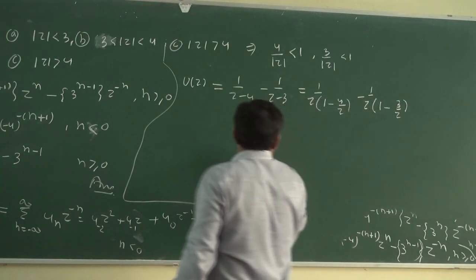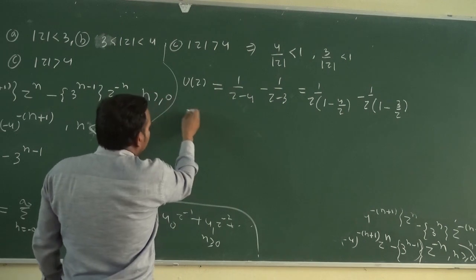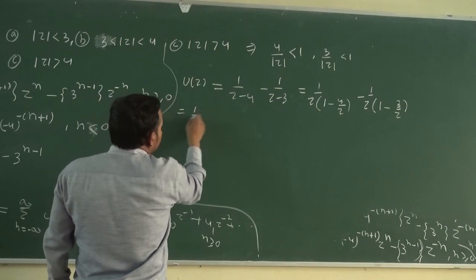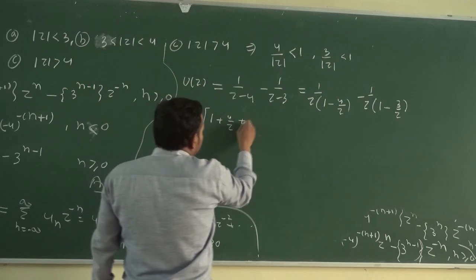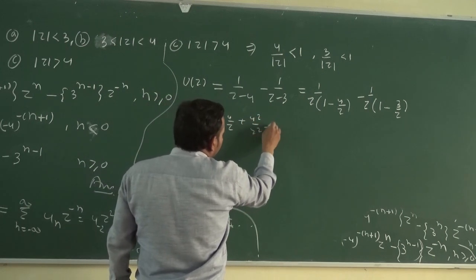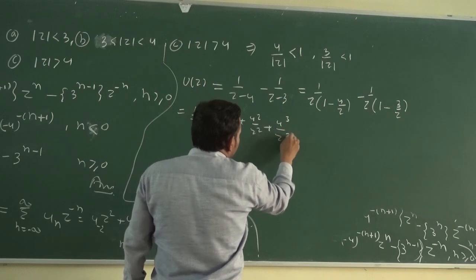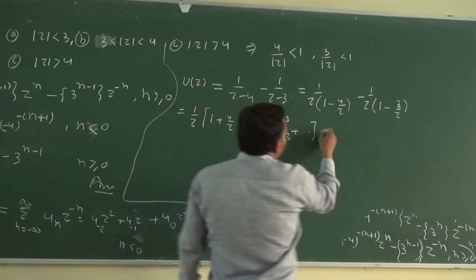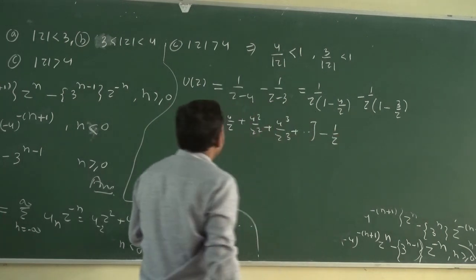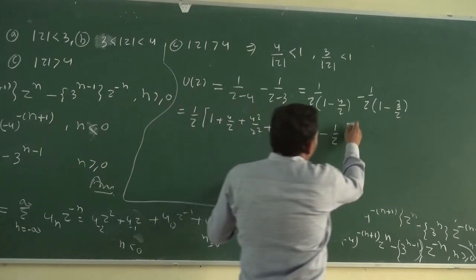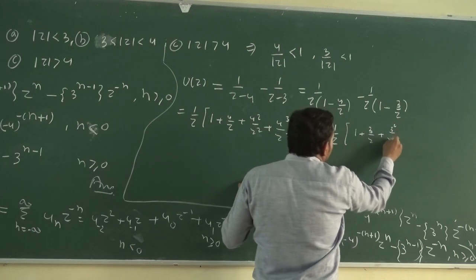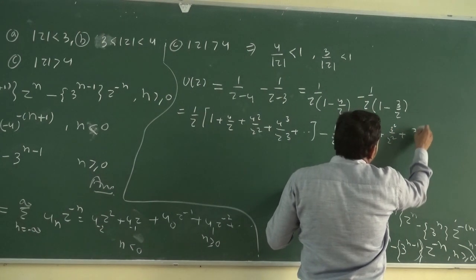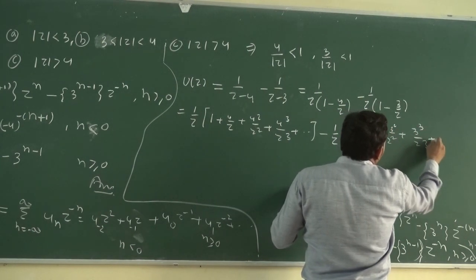So expand by series. You can say z times 1 plus 4 upon z plus 4 square upon z square plus 4 cube upon z cube, and so on, minus 1 upon z times 1 plus 3 upon z plus 3 square upon z square plus 3 cube upon z cube, and so on.